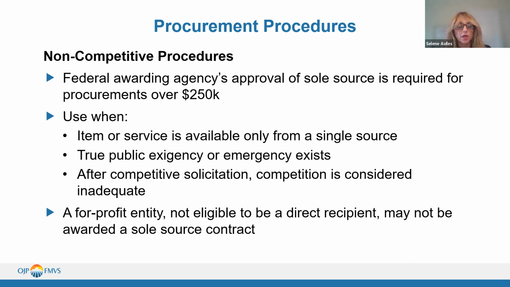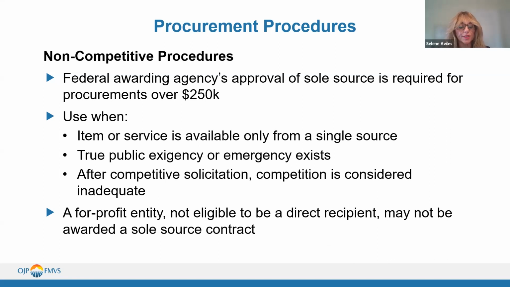In many cases, government agencies are required to use competitive bidding processes to ensure they get the best value for taxpayer money. However, there are some circumstances in which single vendor procurement may be appropriate, such as when, number one, goods and services are unique or specialized and can only be provided by that specific supplier.